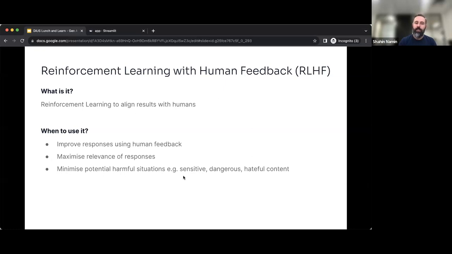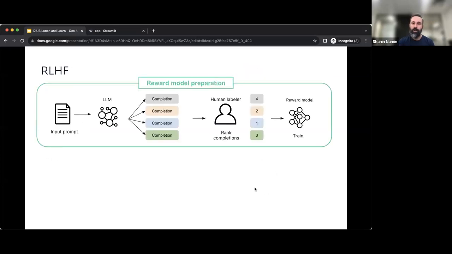And lastly, you want to minimize the potential harm. As an example, you don't want the model to give out sensitive information, some hateful or harmful content or dangerous information. So RLHF will make sure that your model can give the right answer, which is not aggressive, which is not harmful or hateful.